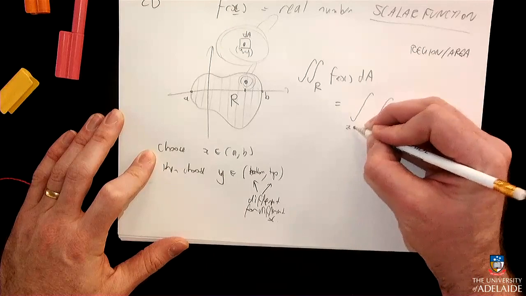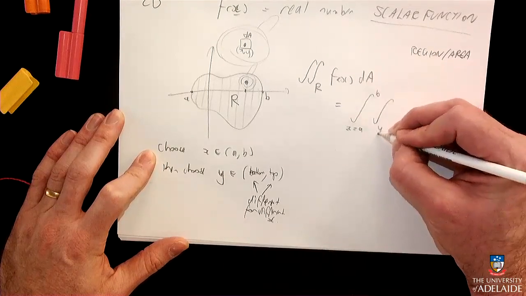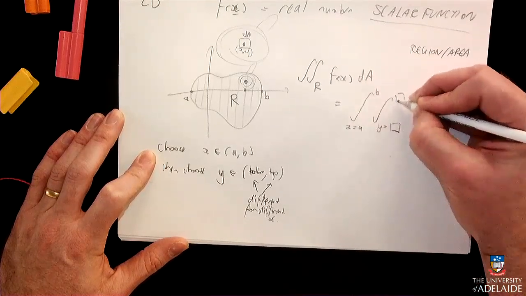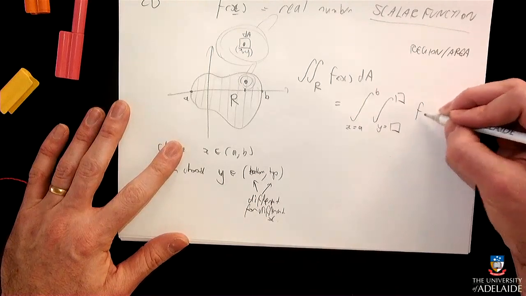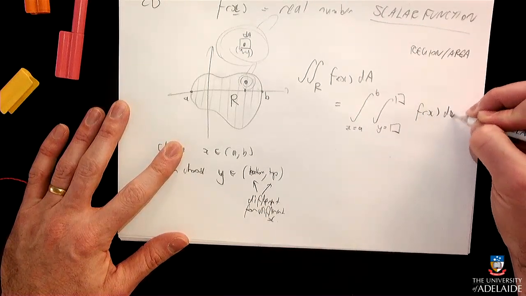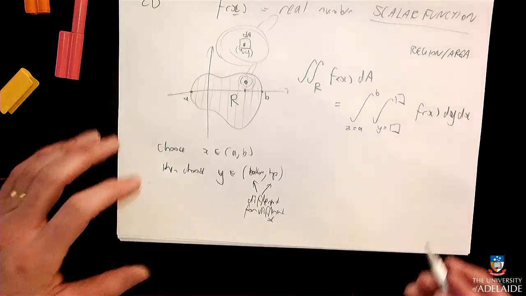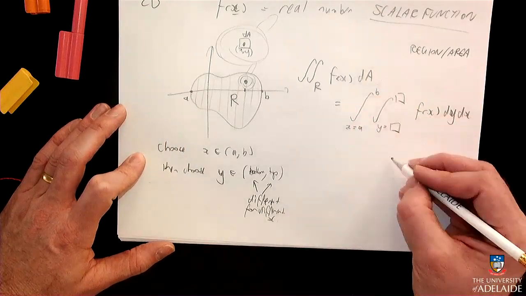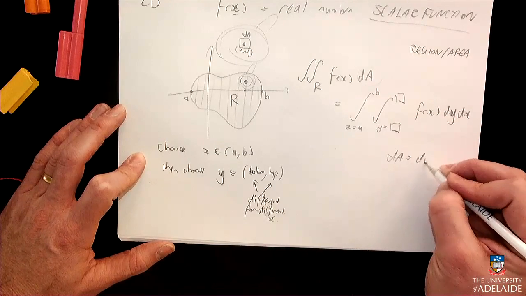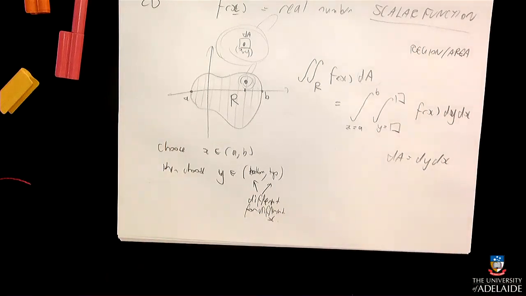you know, x between a and b, y between some function of x and some other function of x, like that. Because what we're imagining is that the dA is dy times dx. Okay. Problem is, well, not problem, just a different thing.